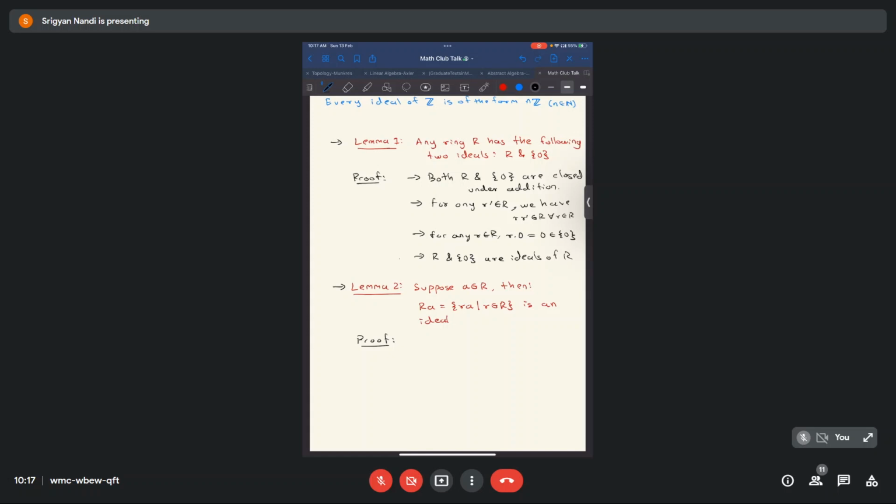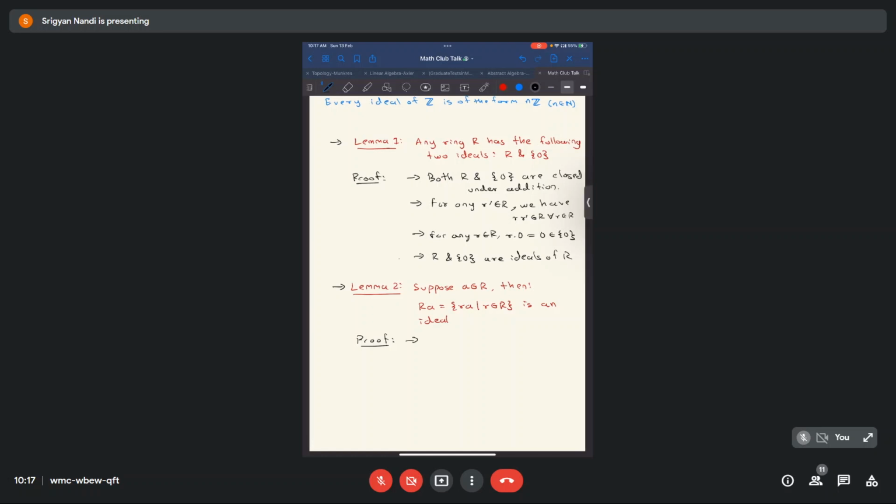Secondly, if an element a belongs to R, then another very important family of ideals that we can generate are the principal ideals, which have been discussed before too. It is the set of all elements that are expressible as r times a, where r is any arbitrary element of the parent ring. We prove that this is an ideal.